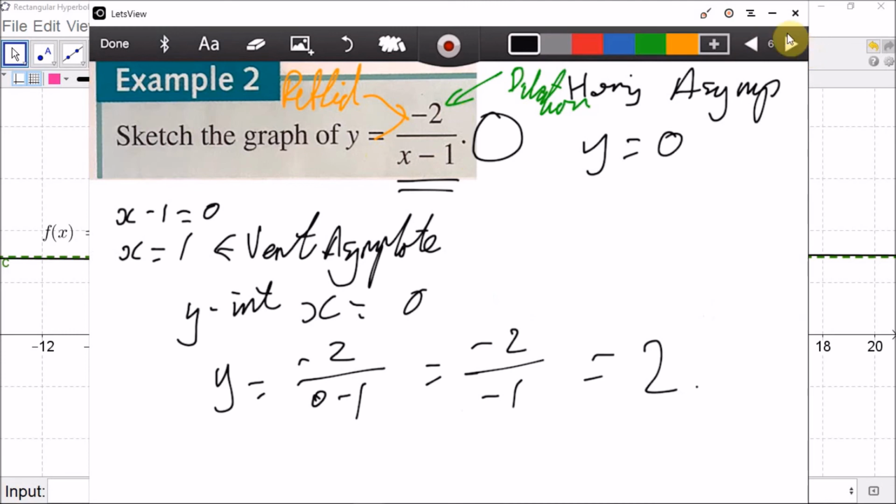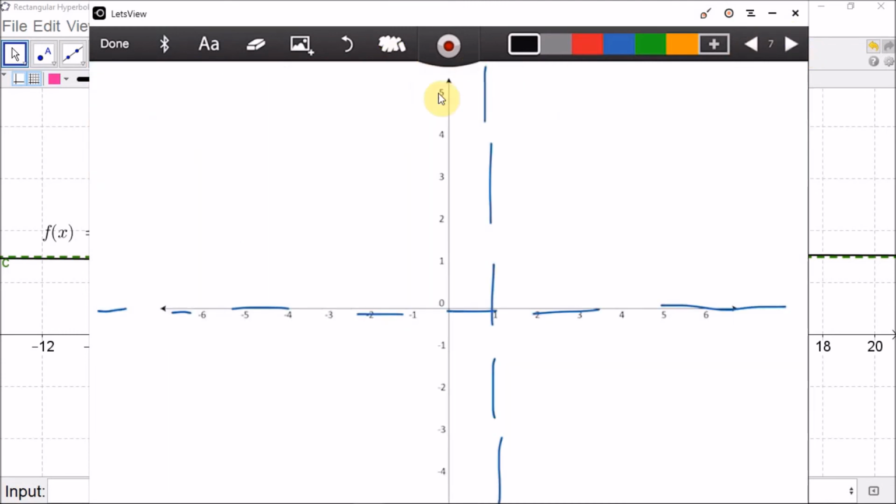So when we go across to there, I'll draw these in green, a y-intercept of 2. All right, so normally, remember, we would expect to see it down here, and so we've got that reflection.